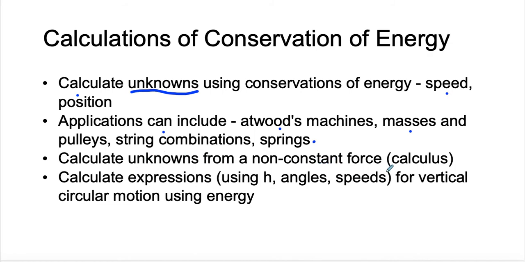If it's a non-constant force, you may have to use calculus to be able to calculate some things. For vertical circular motion, where you're going up and down, you would need to know the height, the angles, the speeds. Those could be unknowns that you are trying to find.